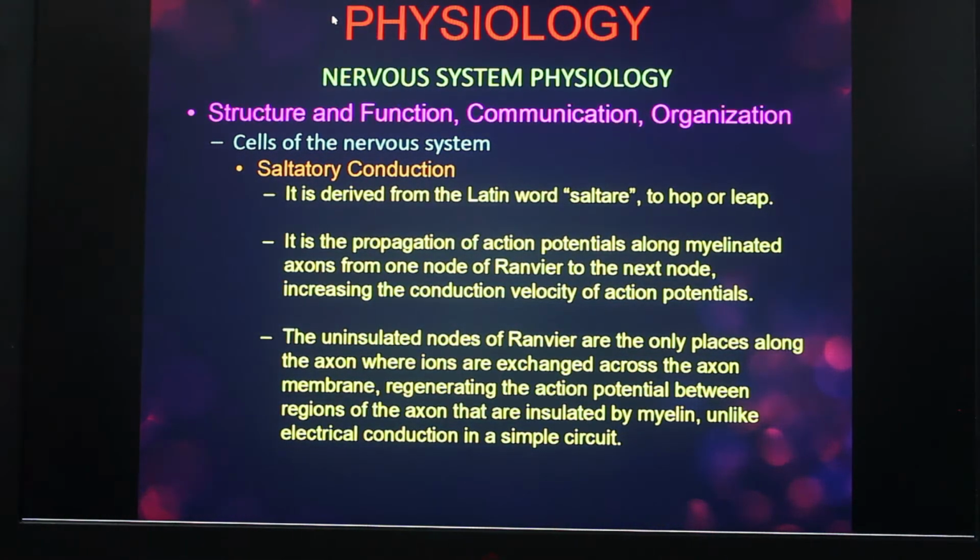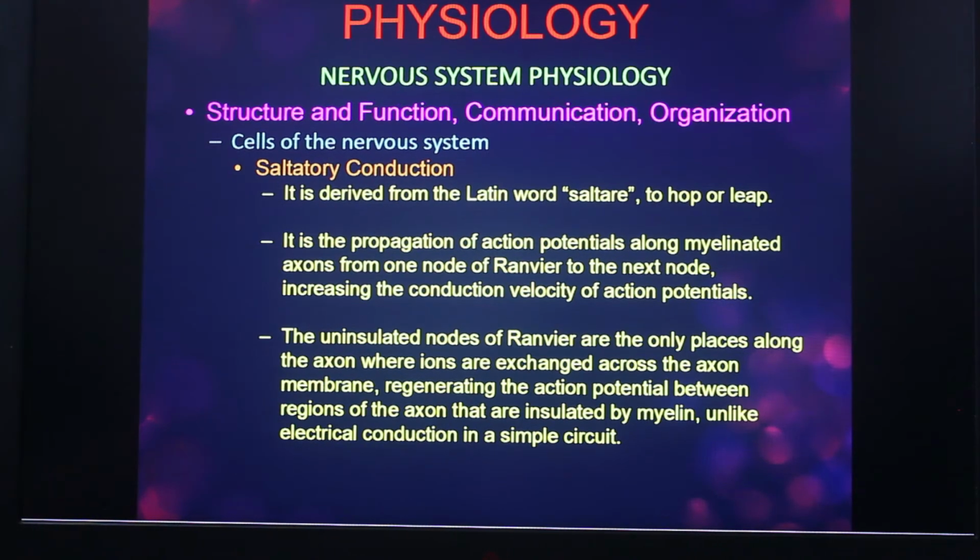Now, what's saltatory conduction? It is derived from the Latin word saltare, to hop or to leap. It is the propagation of action potentials along myelinated axons from one node of Ranvier to the next node, increasing the conduction velocity of action potentials.